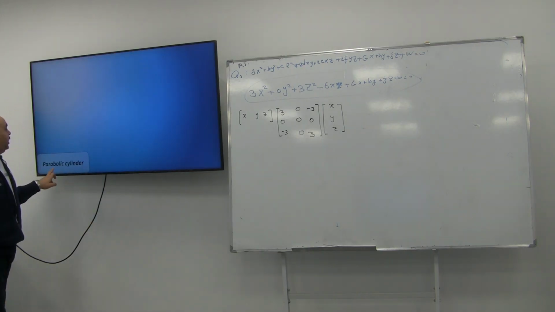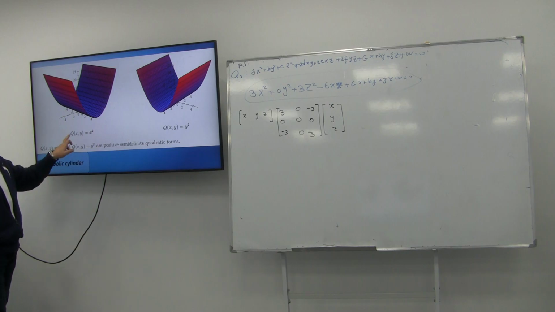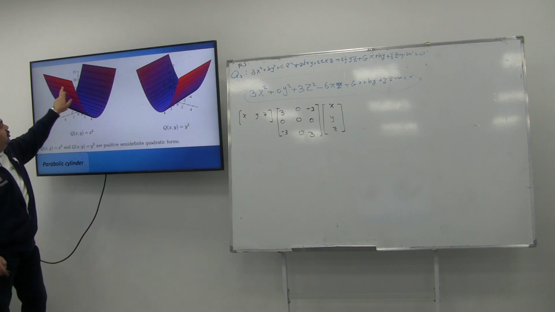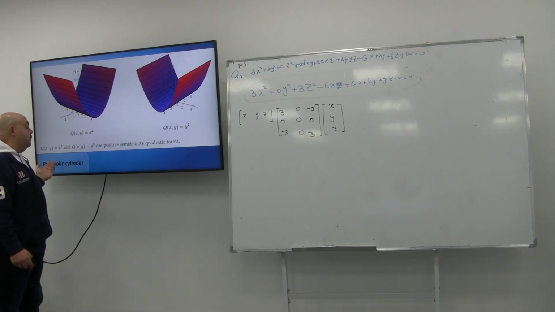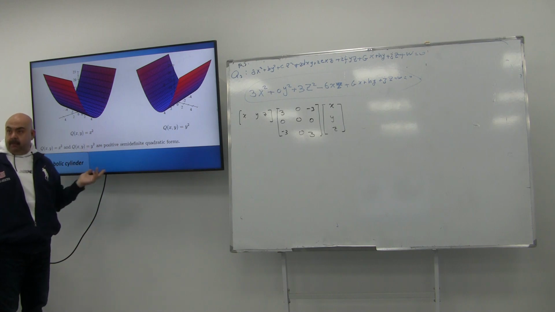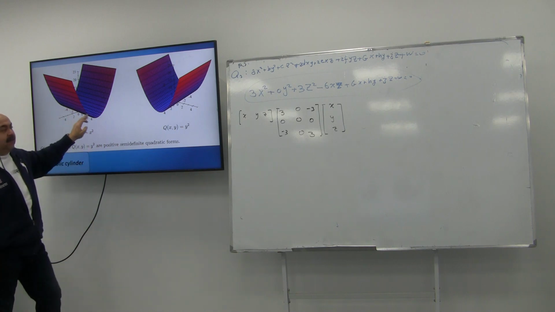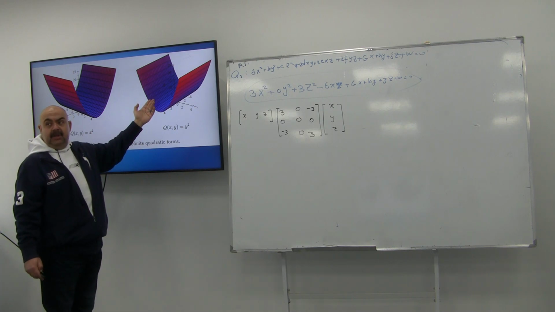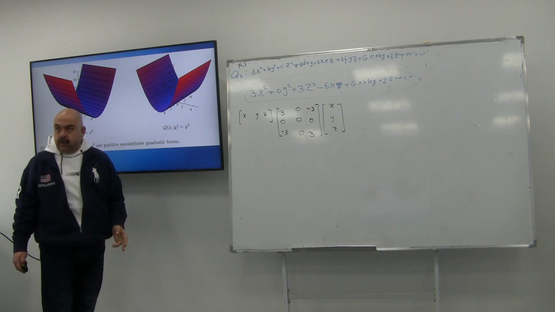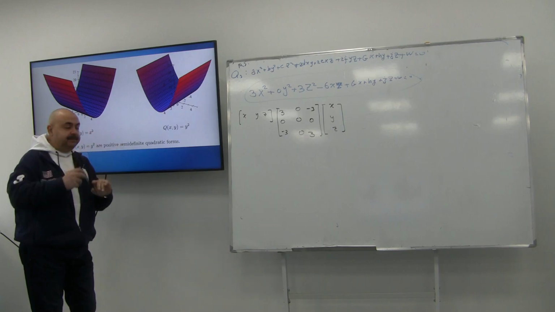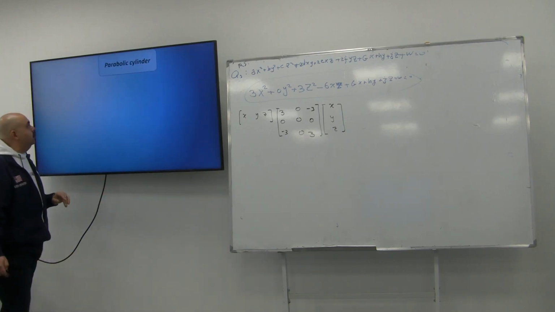If we are talking about q in R3, which equals x squared, you will be talking about a shape like this, which is a parabolic cylinder. It's called a parabolic cylinder, as you can see. This is also another parabolic cylinder if it was q equal to y squared. One of them is about the x squared and the other about the y squared.